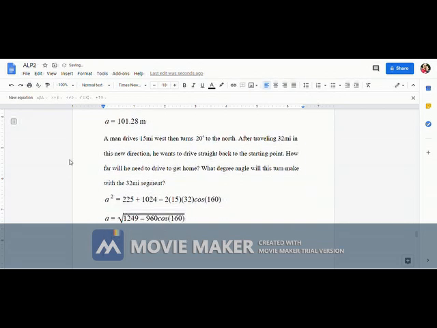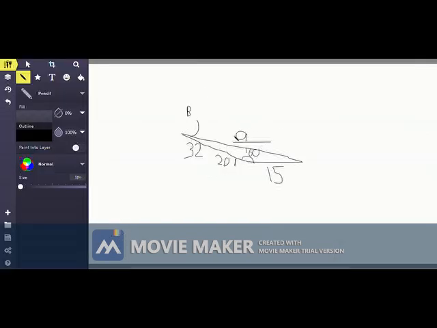Put that into a calculator and we can see that A equals 46.38. We don't want to forget our units because we're finding how far he needs to drive. 46.38 miles is this distance right here.